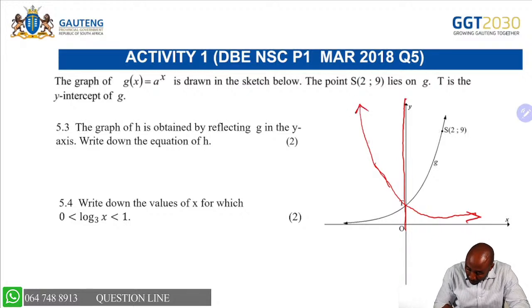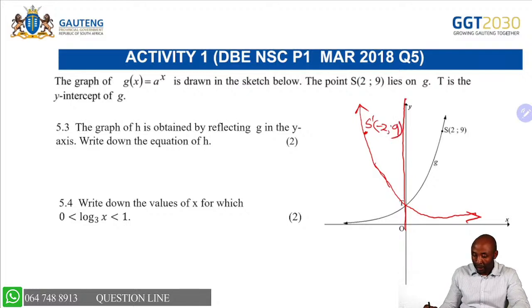So this point S, we now have S prime, which is the image, and it will have coordinates (-2, 9). The y value remains the same, but the x values are now negative. Whatever we had as negative x values, they are now positive after the reflection.